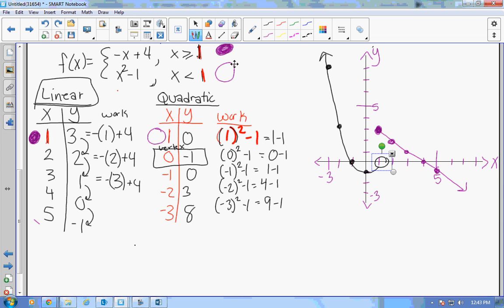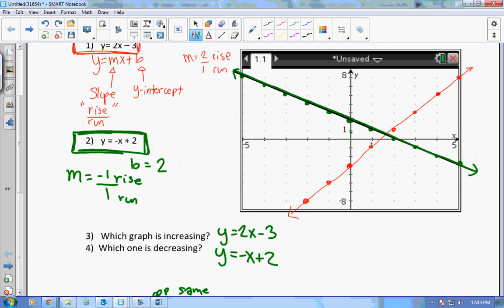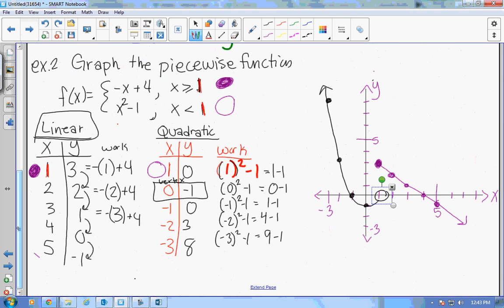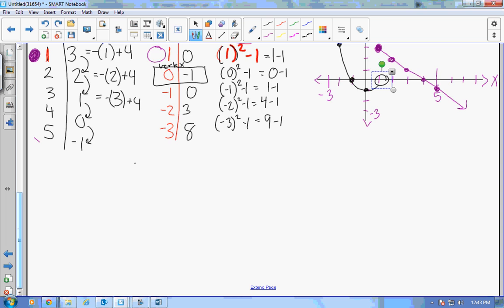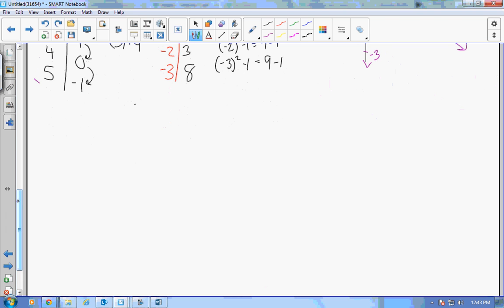Okay, one more. And this time I'm going to give you the graph and we're going to write the piecewise function. Example 3, the last example. Given the graph, write the piecewise function.